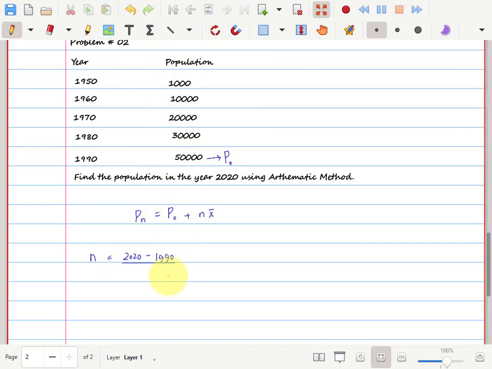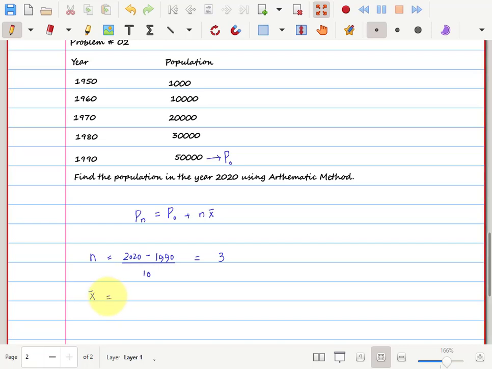Divided by decade means 10. So the value of n is going to be 3.